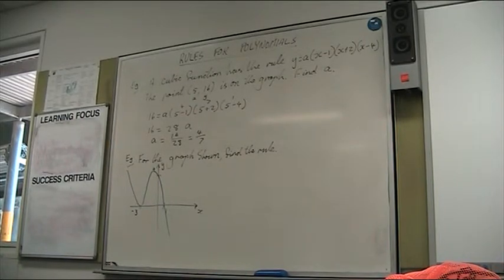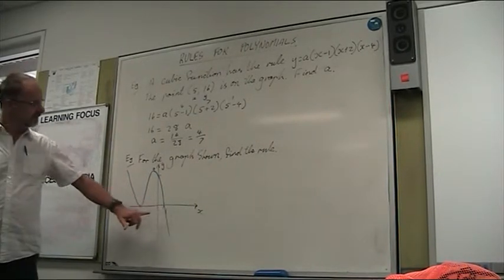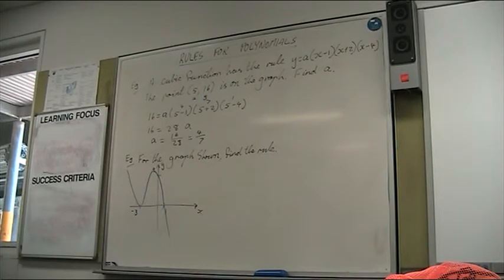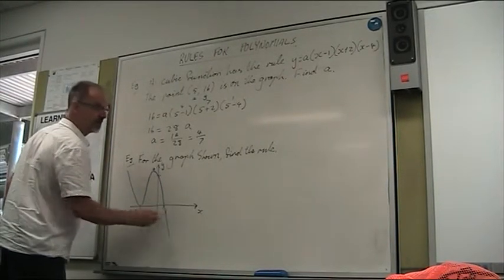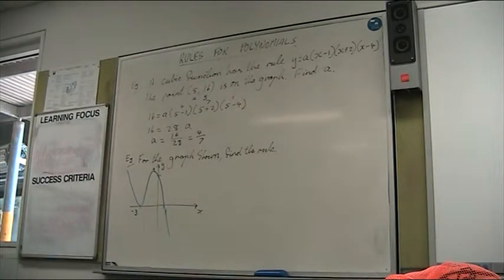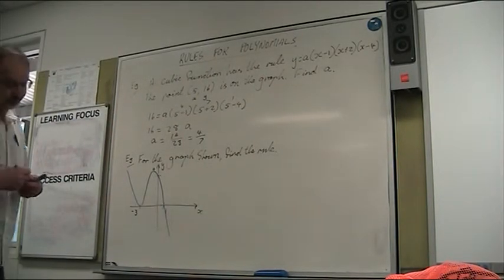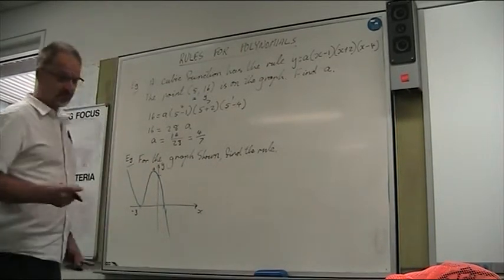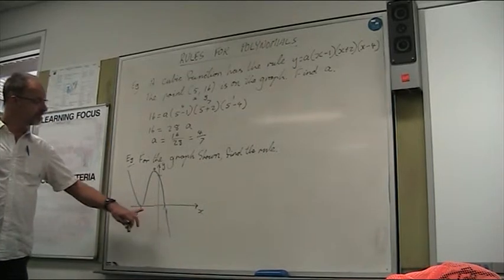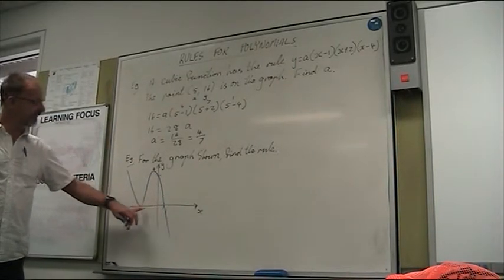So when we've got a graph, we use the graph to determine some things, and so we've got some x-intercepts, we've got a y-intercept that's been marked in for us. So in particular, the x-intercepts relate to what? So what sort of factors do we have?